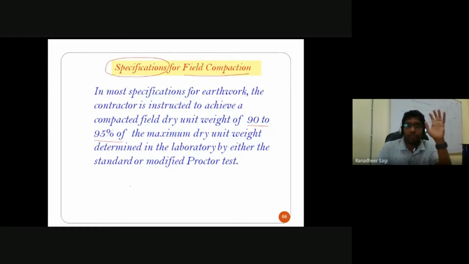So from the Proctor test, whatever maximum dry density you have got, at least 90 to 95% of that value I have to achieve when proper compaction is done in the field. If 100% is possible, you can get that, but at minimum you have to achieve 90 to 95% of the compaction in the field.